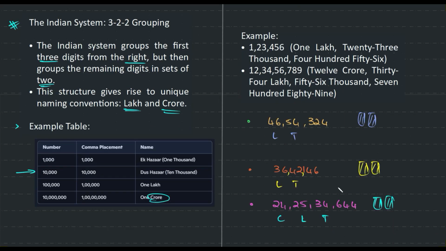In the Indian system, we start with a group of 3 and then move on to 2 and 2 and so on. So we have thousand, lakh, crore and arab. ACLT.